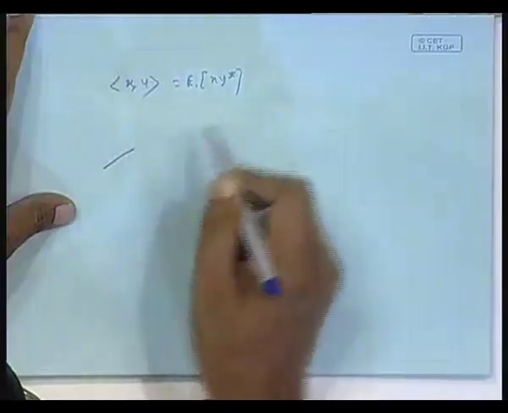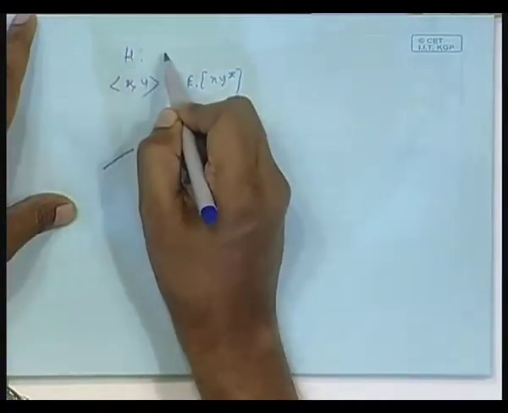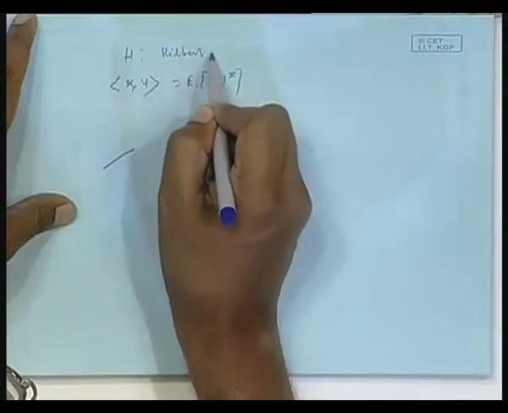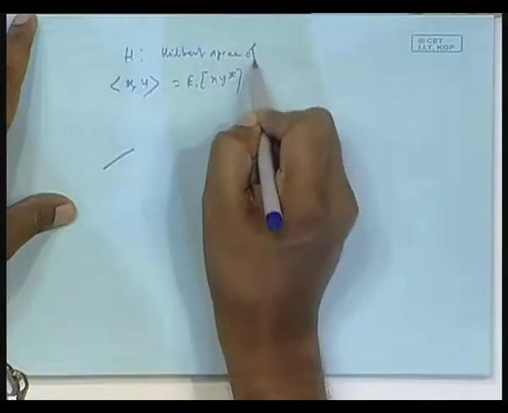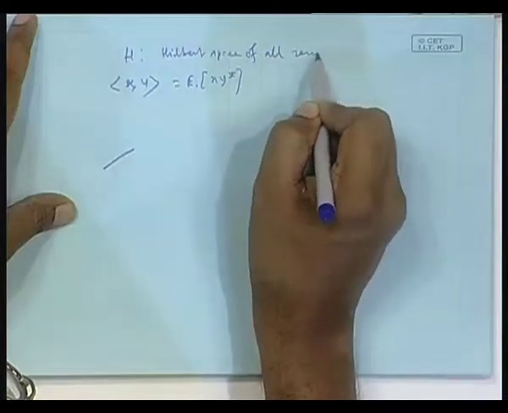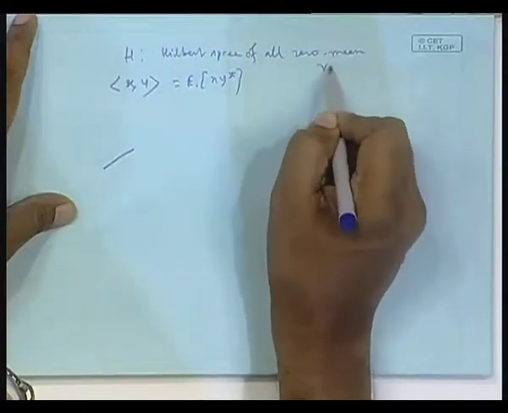Now come back to this optimal filtering problem. Forget about all our derivation of the Wiener filter. Suppose you have one random variable, and this space I will denote by H, the Hilbert space of all zero mean random variables.